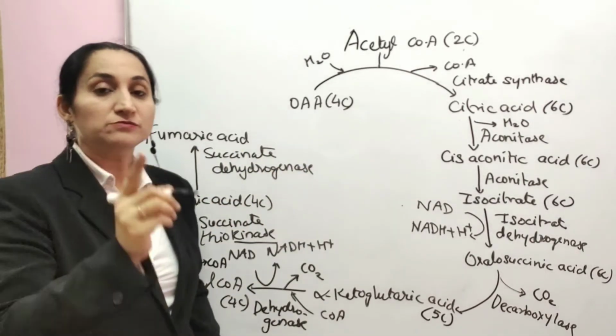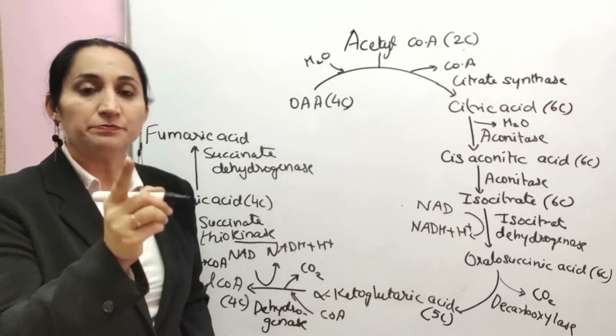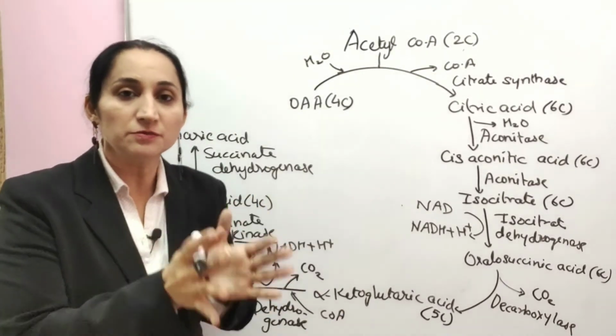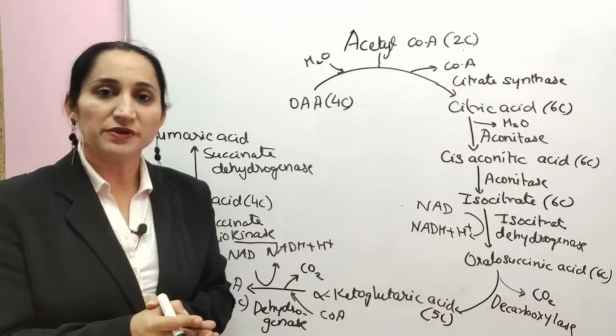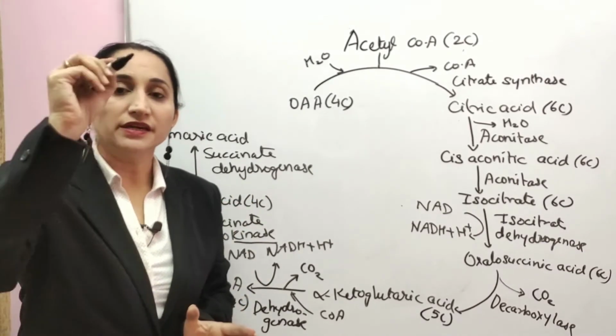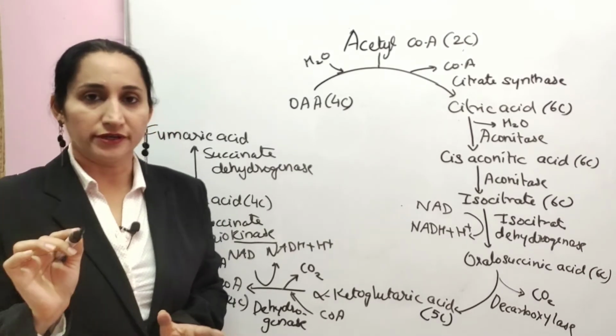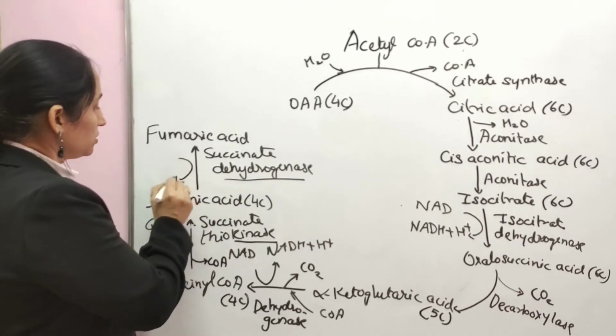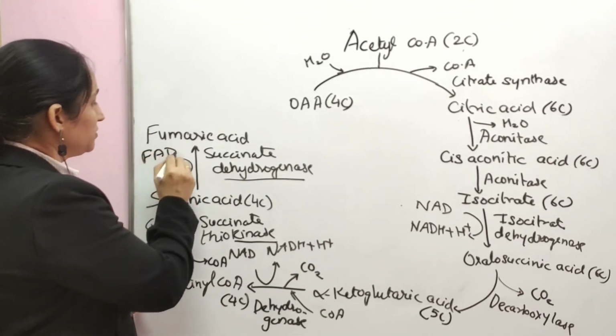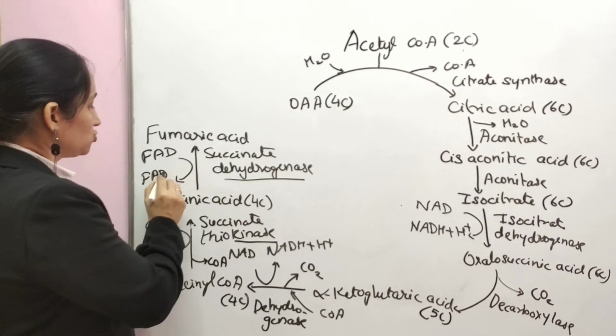All the enzymes of Krebs cycle are present in the mitochondrial matrix, but this is the enzyme which is present on the inner membrane of mitochondria. Now as dehydrogenase enzyme is there, here FAD will be reduced to FADH2.